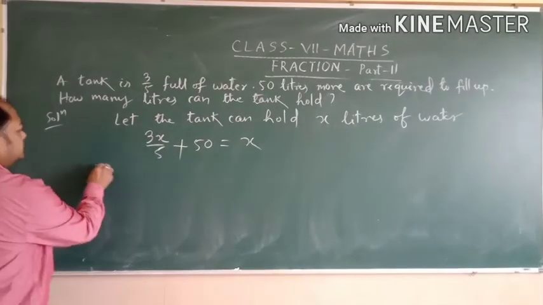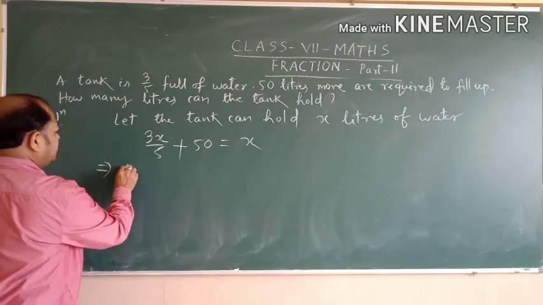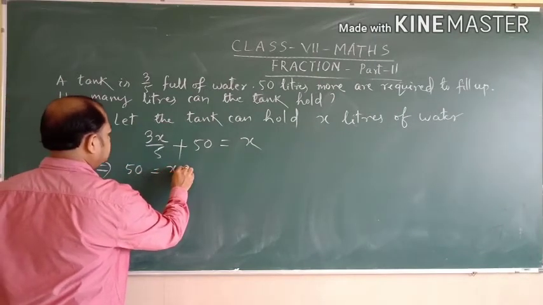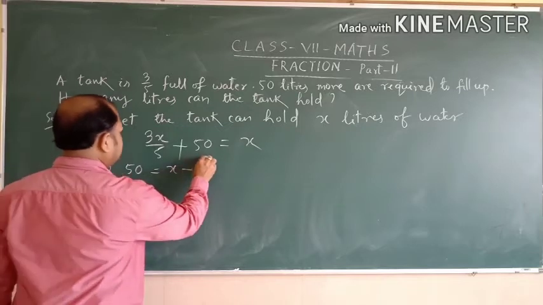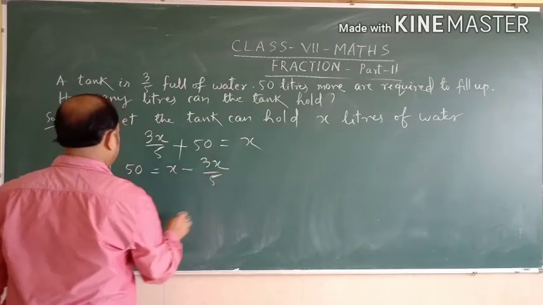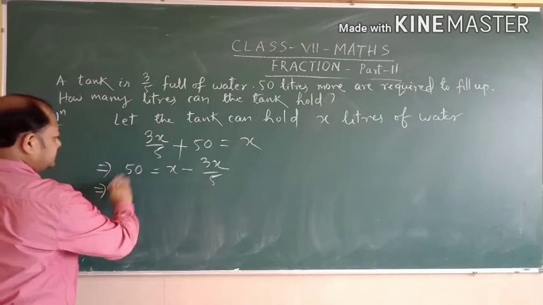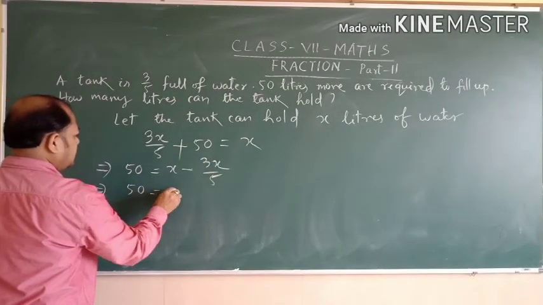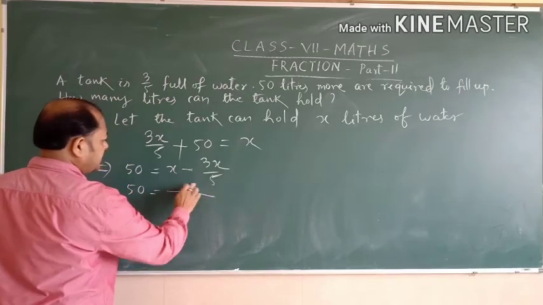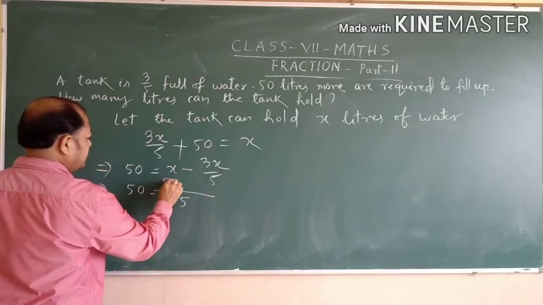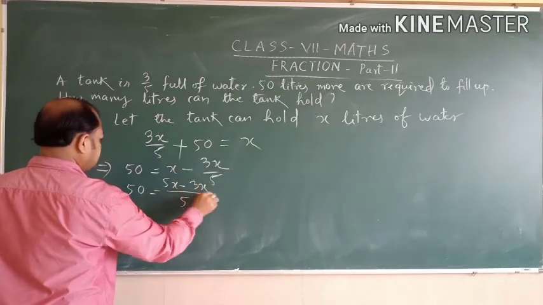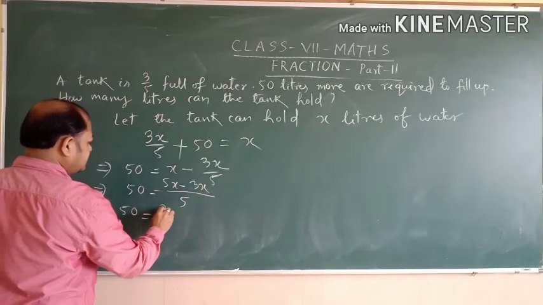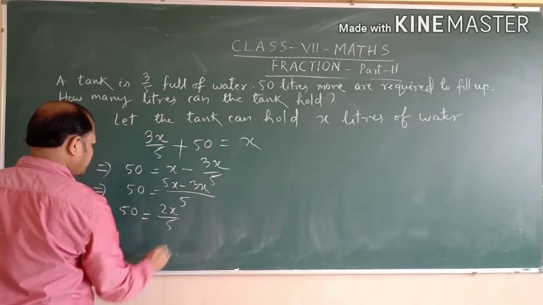Or we can write 50 equals x minus 3x upon 5. So 50 equals, what is the LCM of 5? 5 into x is 5x minus 3x, so 50 equals 2x upon 5.